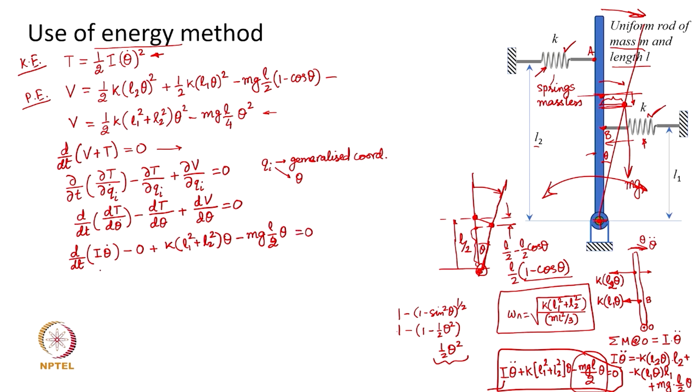Now, further I can write this as I theta double dot, as the derivative with respect to time, plus this expression of [k (L1 square plus L2 square) minus mg L by 2] theta equal to 0, and that gives me our standard form, m x double dot plus k x equal to 0.